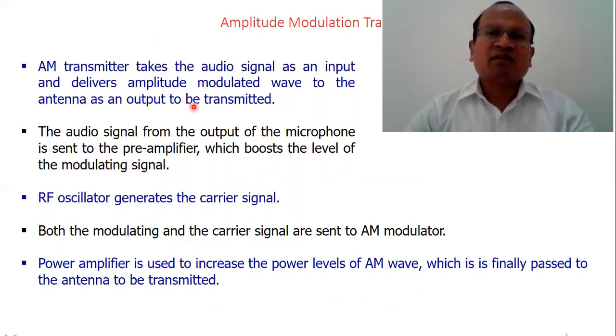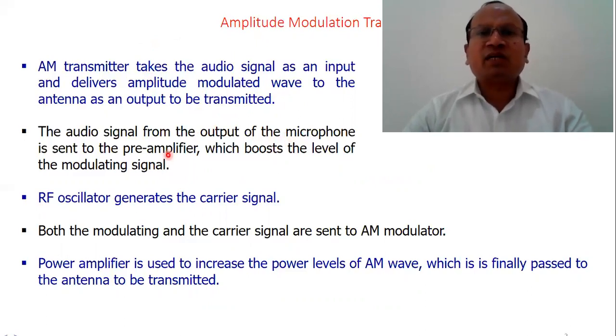Then the antenna will radiate the amplitude modulated signal. The audio signal may be given as input through a microphone. The output of the microphone will be the input to the transmitter.